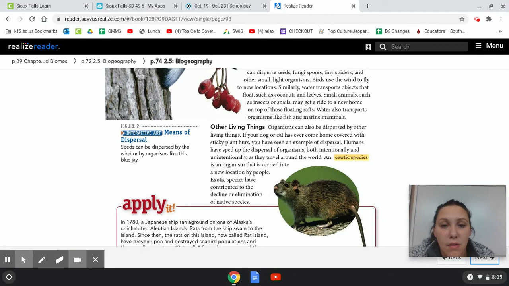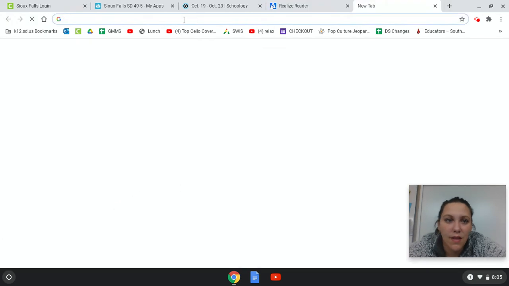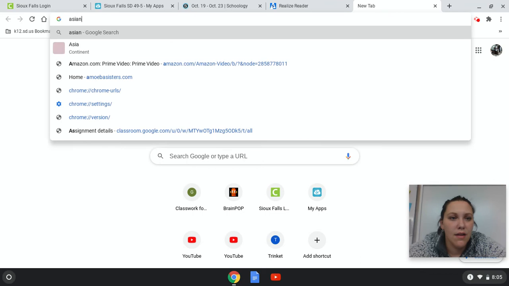So, one example of exotic species, you probably know this one. A long time ago, back when you were probably in your early elementary school years, you saw all these beautiful red ladybugs. And lately, in the summers, you don't see red ladybugs anymore. You see beetles instead.